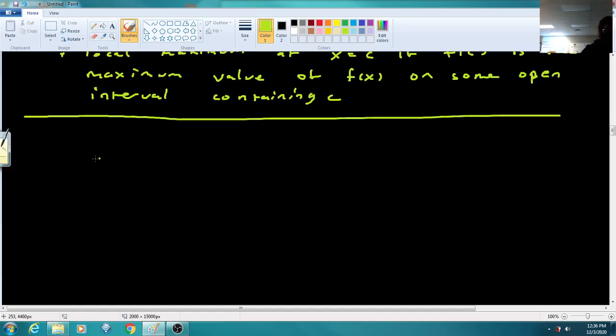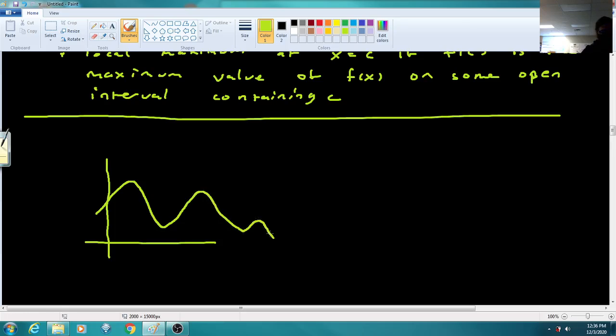If we had a function like this, there is some little open interval here for which this point is the largest, so this would be a local max. And similarly, each of these peaks, I can make a small open interval. This would be the largest value of that peak, so that would also be a local maximum.